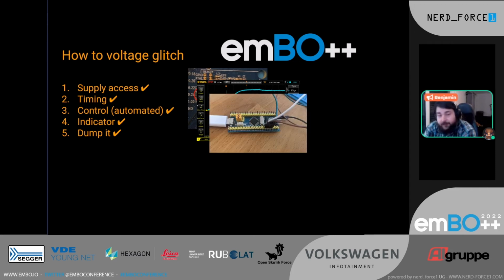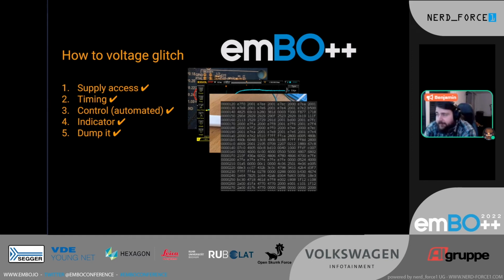We achieved automated control using a small additional embedded device to get accurate timing and cheap I/O pins. We figured out how to get an indicator that we actually have debug access, so our glitch worked. And lastly, we have a way to dump the firmware and get this nice binary dump that is totally readable.